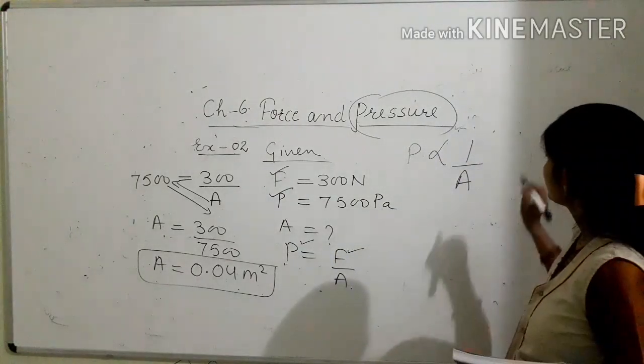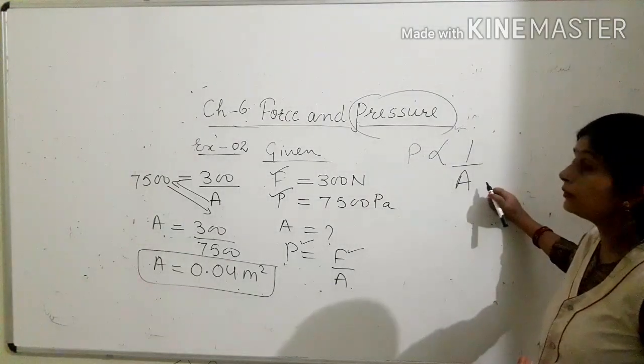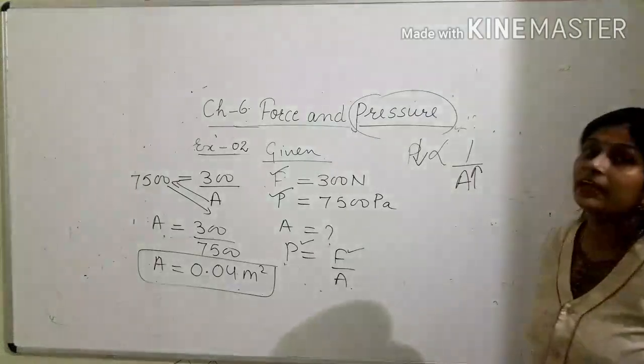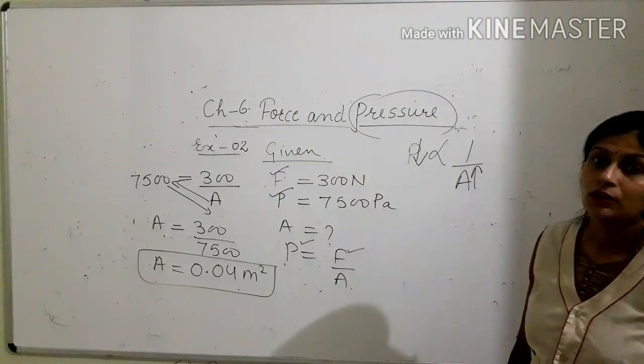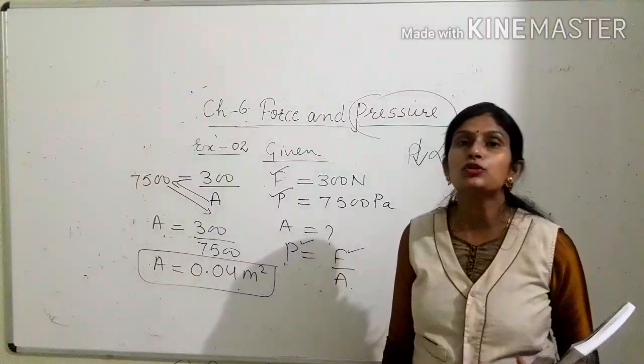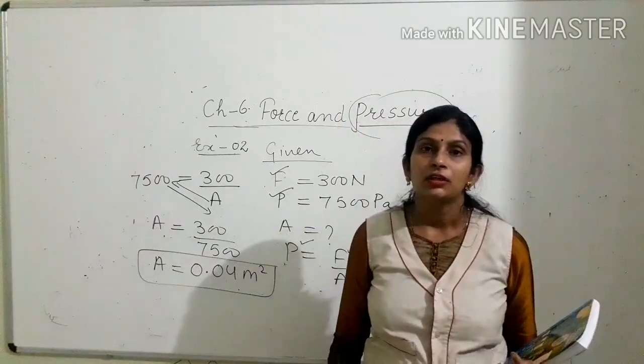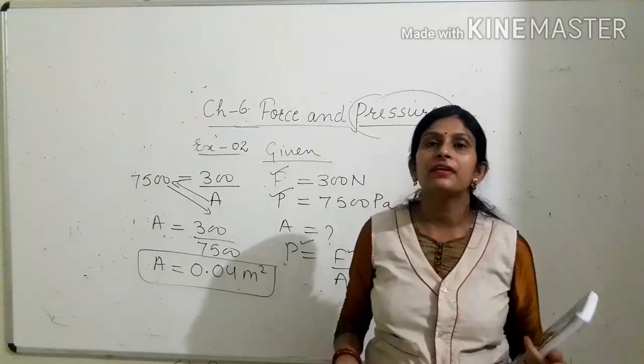So if the same force is applied on more area, pressure will be decreased. So they wrap clothes around their heads so the area can be increased.